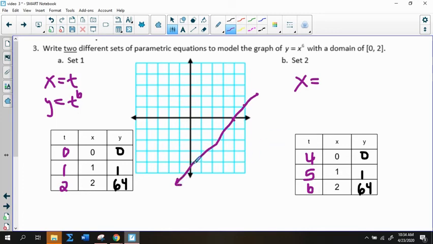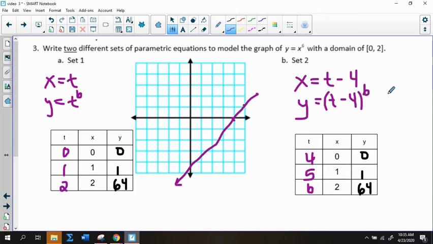This would have an x intercept over here of -4. So this becomes t minus 4. And then I can substitute t minus 4 in for x in the original problem. So it looks like this.